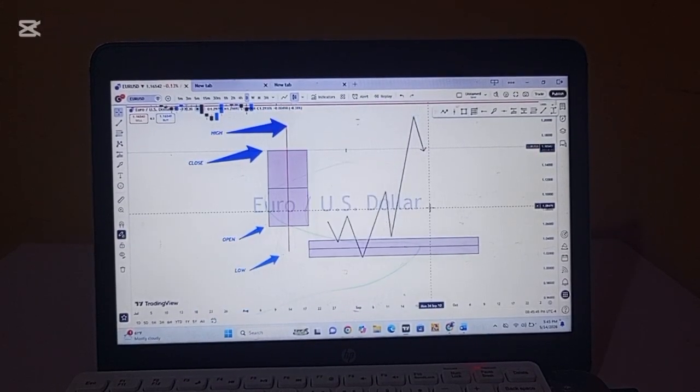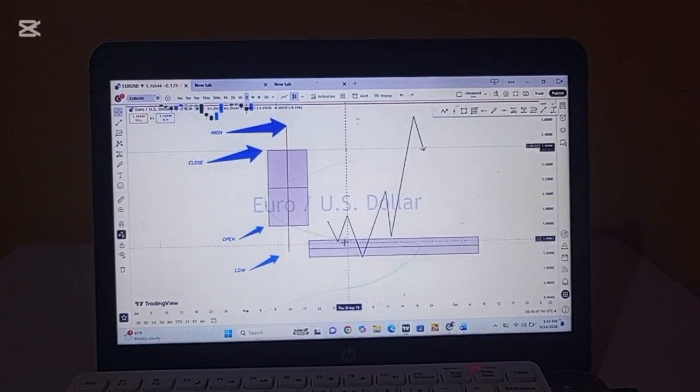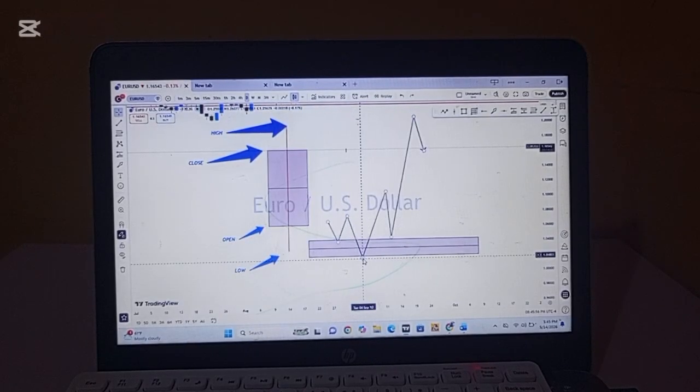And when talking of a monthly candle, in most cases, Q1, week one, we always accumulate. Week two we manipulate, then start the distribution. We may rally down a bit, then when week three comes, we get the body, and week four we close.